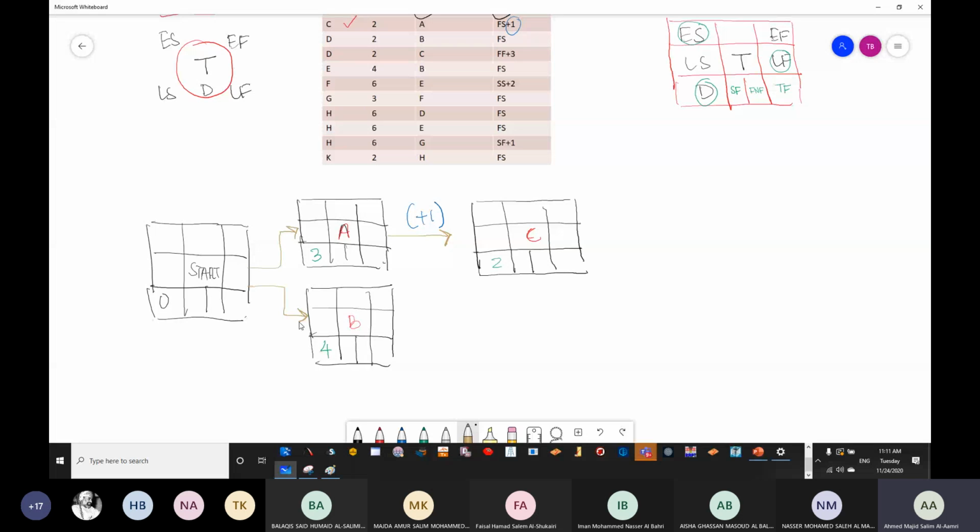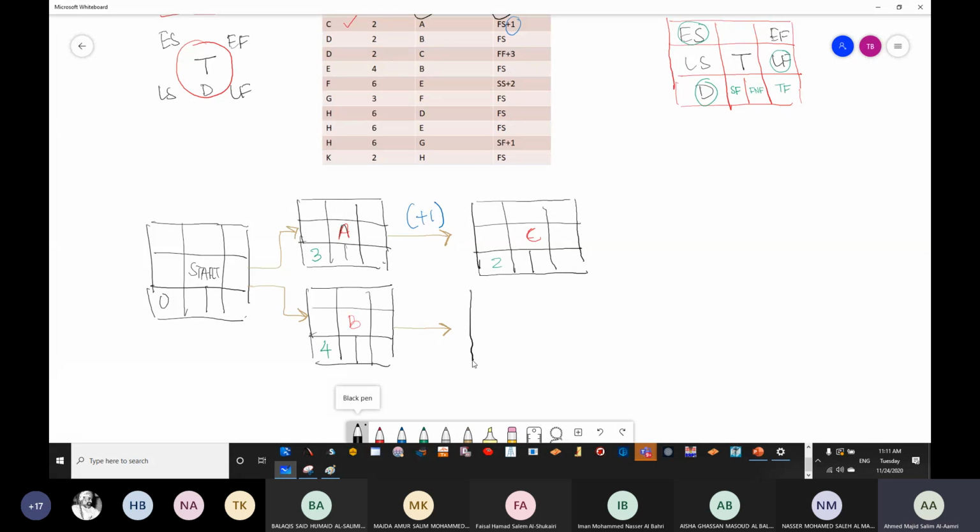So now we are in D. D, if you see, it has 2 relationships. One is from B, one is from C. So we'll go and draw the B one. So I need to finish B in order to start D. See, the arrow is going to go from the side of finish.